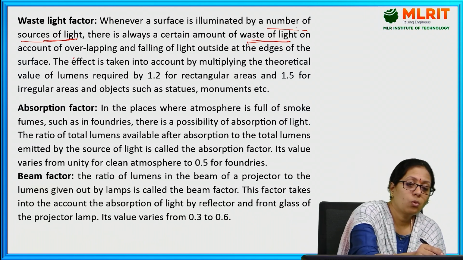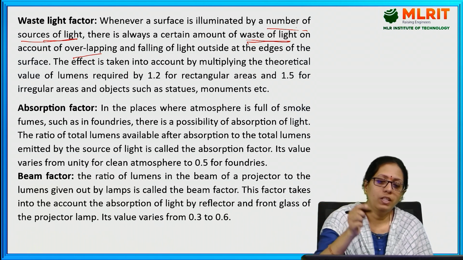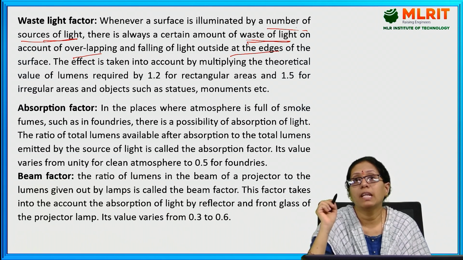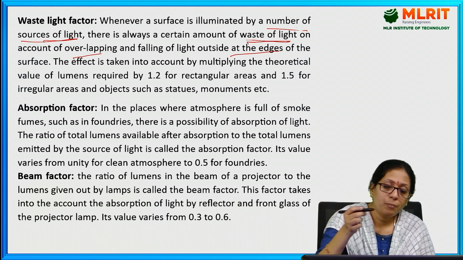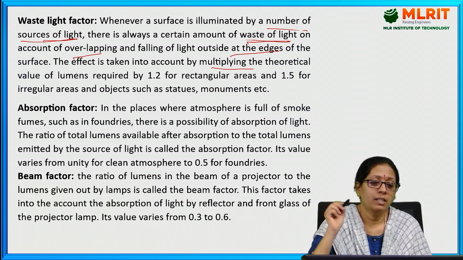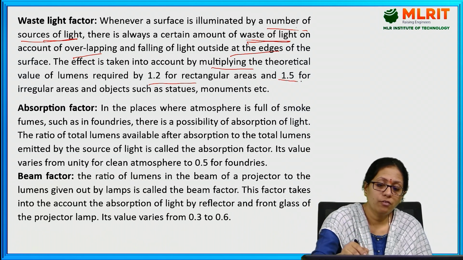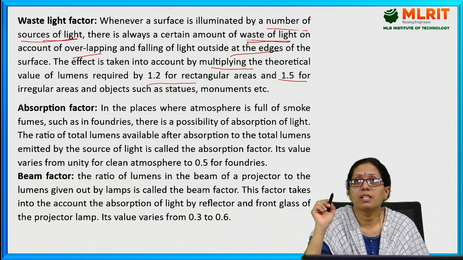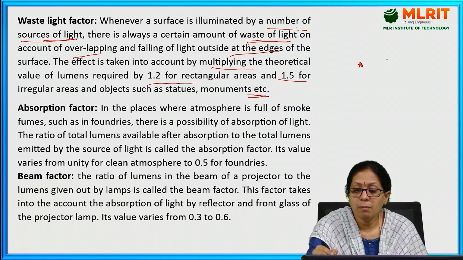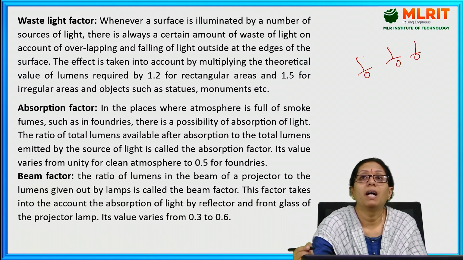On account of this overlapping and falling of light outside of the edges of the surface, the effect is taken into account by multiplying the theoretical value of lumens required by 1.2 for a rectangular area and 1.5 for irregular areas and objects such as heads and moment, etc. That means the spacing between the bulbs is required.